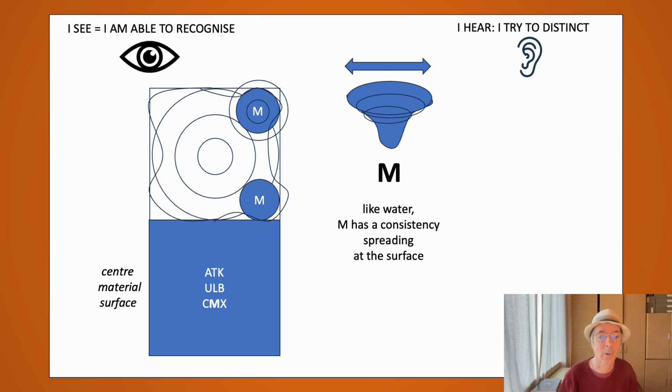Like water, it spreads itself towards its surface, towards its edges. Wherever that can be, it is spreading that way. That's how you can sense the M, and where you associate M.